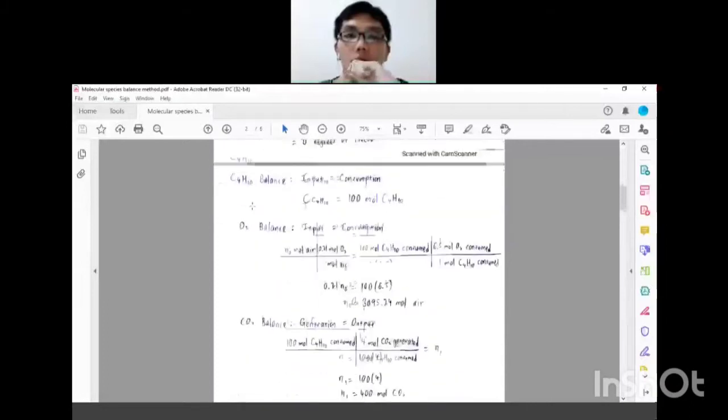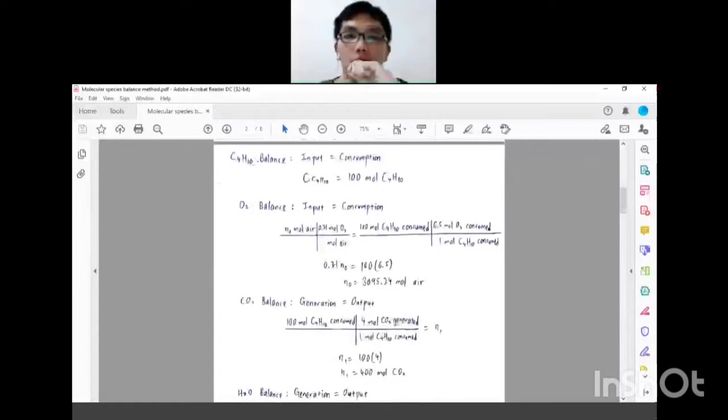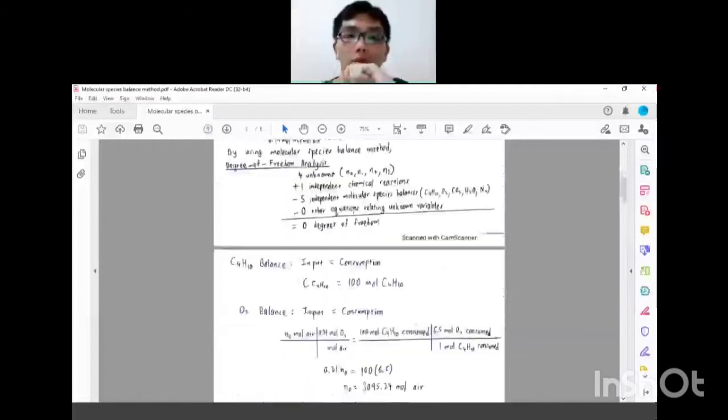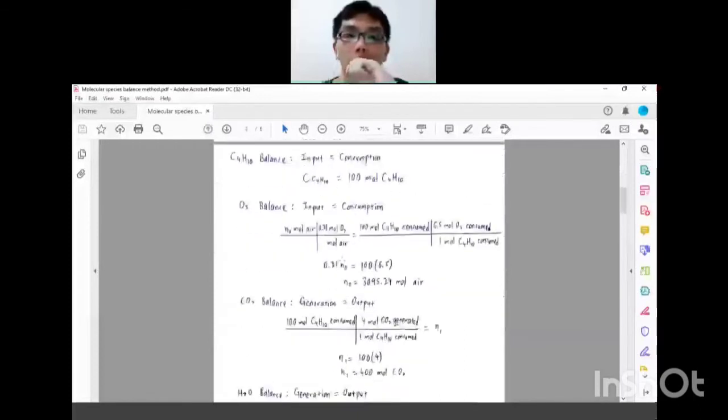For the first one, the C4H10 balance, input equals consumption. So the consumption of the butane will be 100 moles of C4H10, which is fed to the reactor to combust with air. And for the O2 balance, input equals consumption. We try to find the number of moles of the air fed to the reactor.